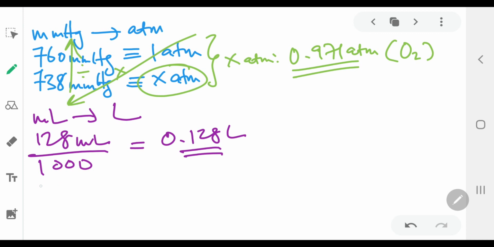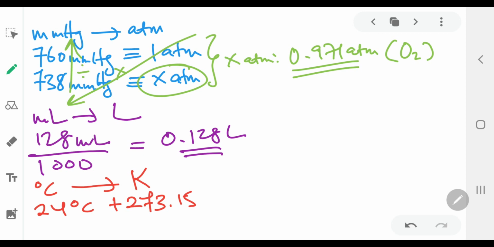And then the next conversion is for the temperature. Okay, so from degrees Celsius we need to convert to Kelvin. We have 24 degrees Celsius plus 273.15, then you get 297.15 Kelvin.